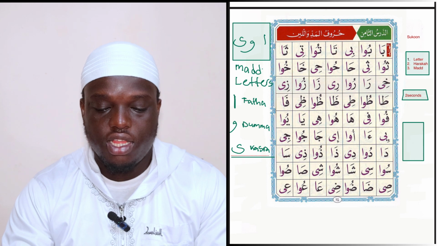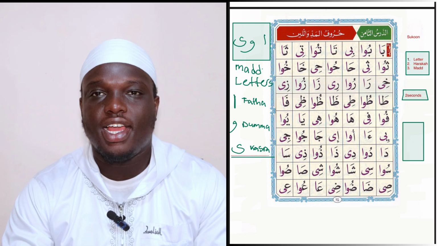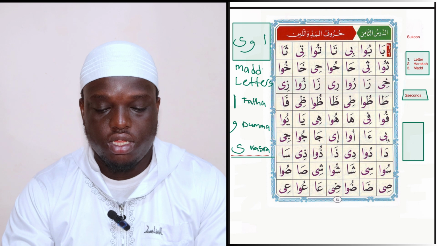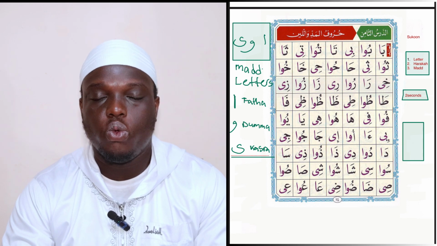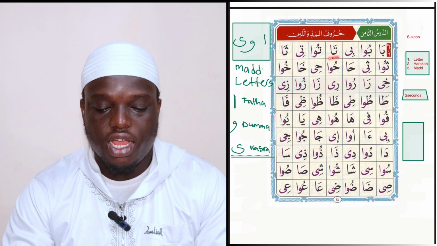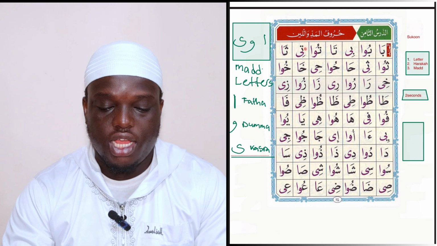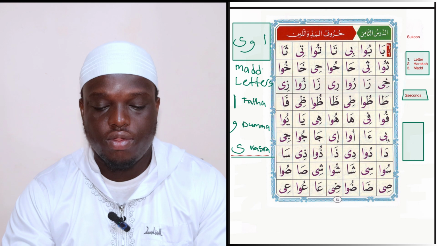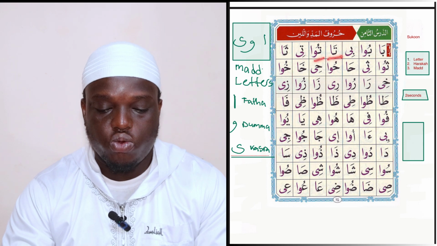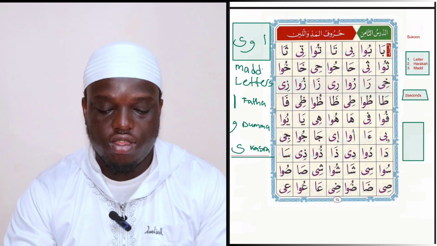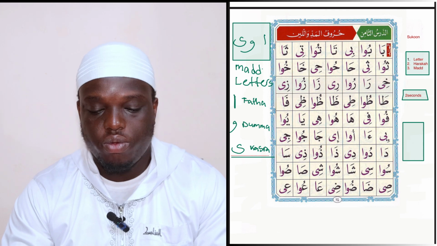Ta, fatha, alif sukoon, ta. Ta, dhamma, wow sukoon, tu. Ta, tu. Ta, kasra, ya sukoon, ti. Ta tu ti. So this entire lesson, that's all we're going to be practicing.